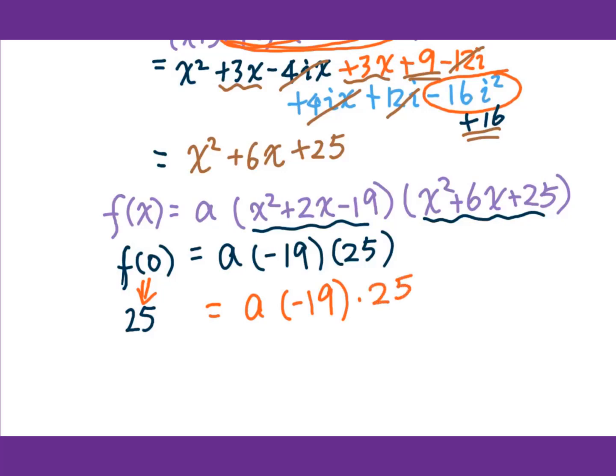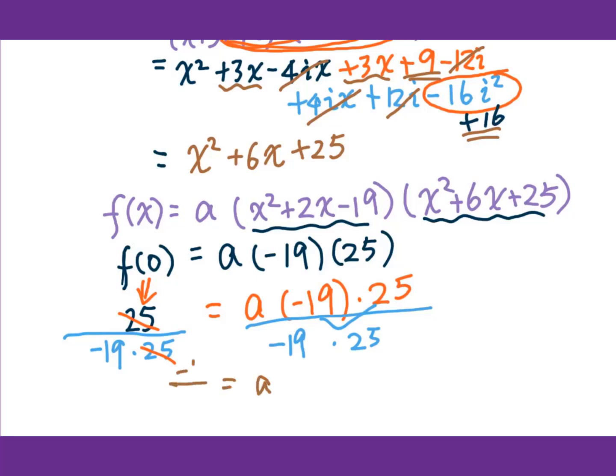Don't rush to multiply these two, because after you do the divide, you could reduce. Negative 19 times 25. See, we can reduce here. Therefore, you can write down a equals negative 1 over 19.